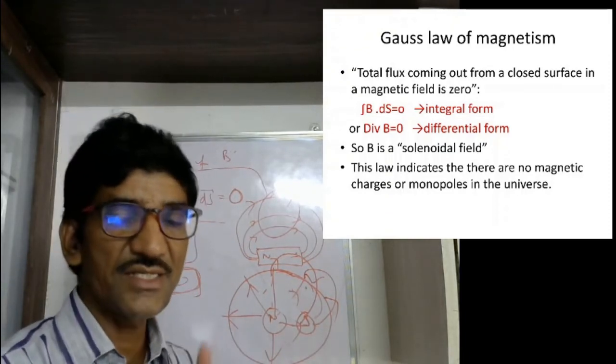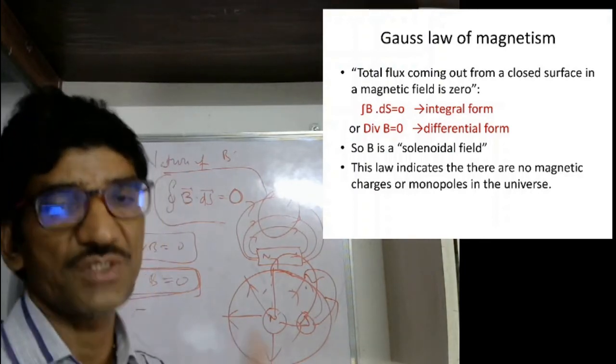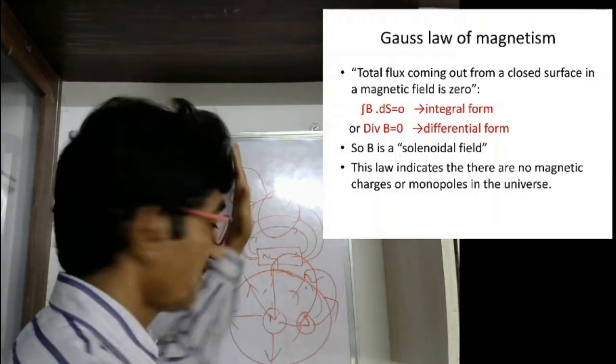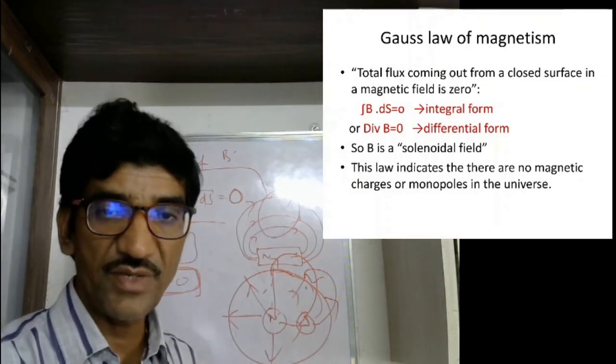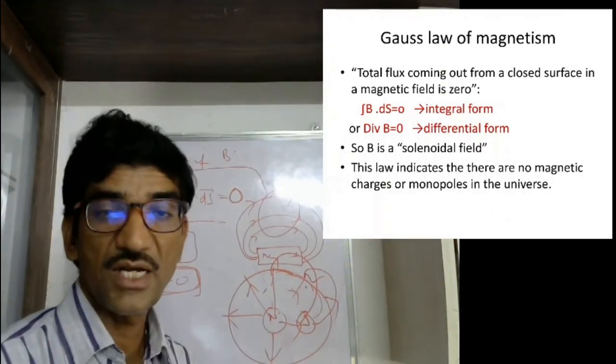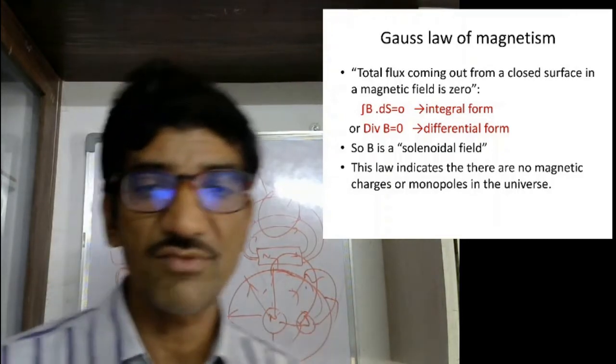So in any case, you never have isolated magnetic monopoles in the universe. That's why the RHS of this equation is always 0, in the Gauss law of magnetism. Why? Because you cannot separate the north pole and south pole.